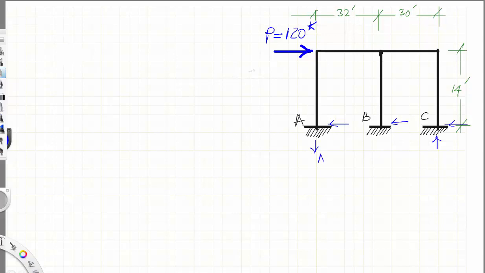So this is AV, and this is AH, and this is BH. Of course there is no horizontal vertical here. This is CV and this is CH, and besides these ones, because this is fixed, you have moments also. So this is moment at A, moment at B, and moment at C.